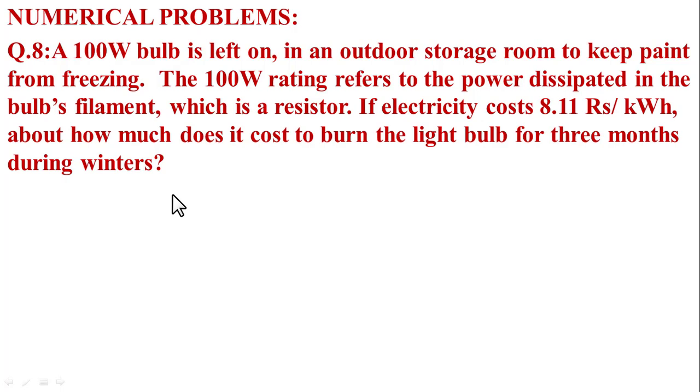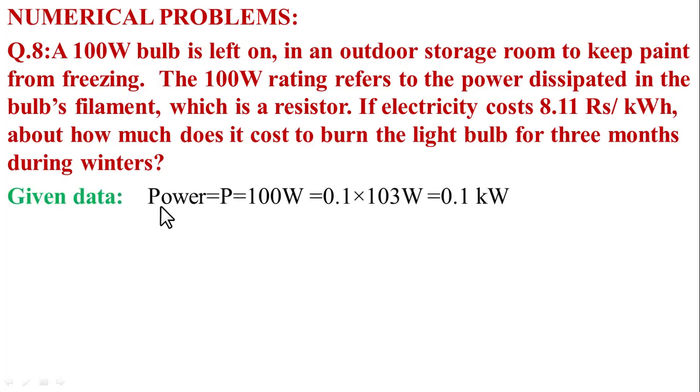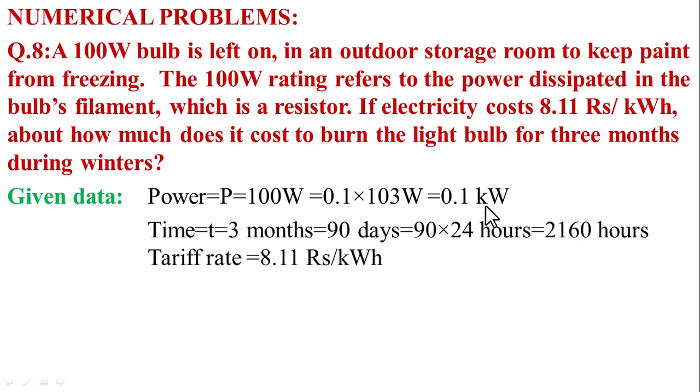So first of all, write the given data according to the statement. Given power P is equal to 100 watt, that is equal to 0.1 multiplied by 10 raised to power 3. Here 10 raised to power 3 is equal to kilo. So 0.1 kilowatt. Now time T is equal to 3 months.